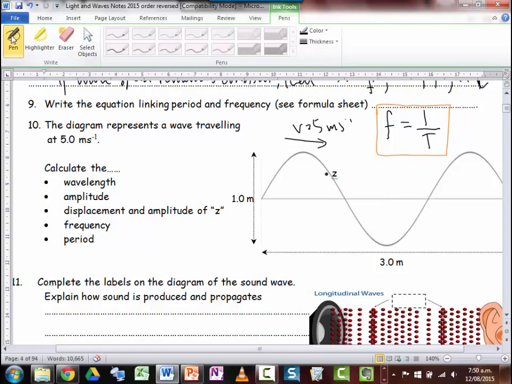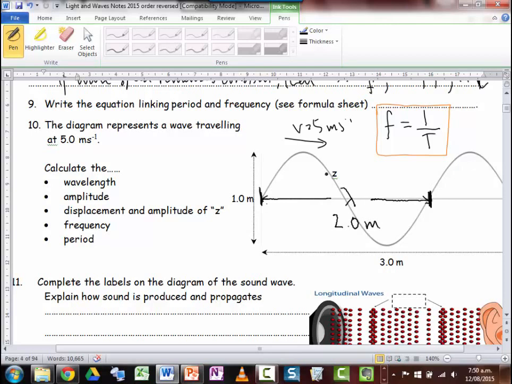The wavelength can also be the distance between this point and this point. That's lambda, which is 2 meters, because that's 2/3 of the length.